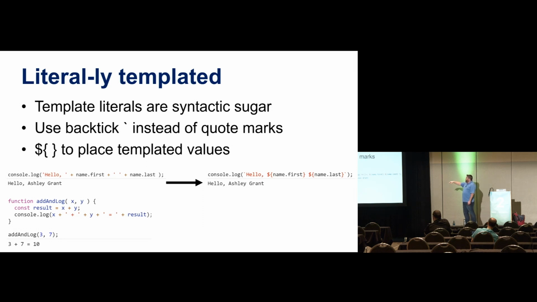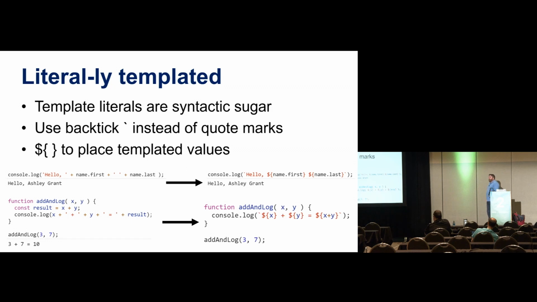But because string concatenation uses the plus sign, I can't add those two numbers. Now maybe I could put them in parentheses or something, but that's wonky. But I can get rid of a line of code now by using string template literals by interpolating in the x plus y. And it actually adds those two numbers for me in line in this code.